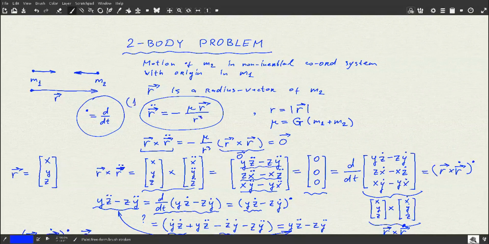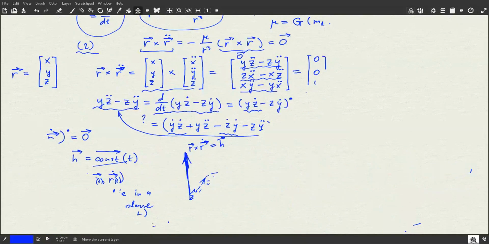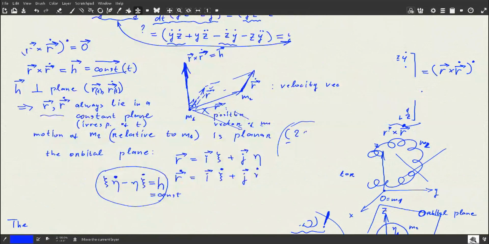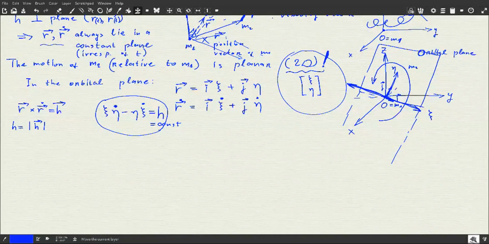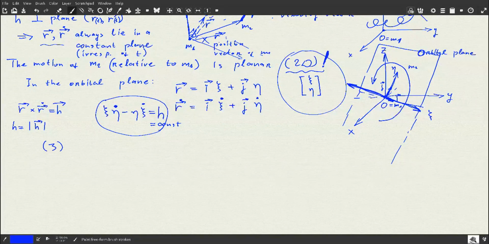That was our first step. Now, in the second step, we proved that our motion is a planar one, which is obviously much easier to analyze than the general three-dimensional motion. Now, step number 3, introduce polar coordinates.